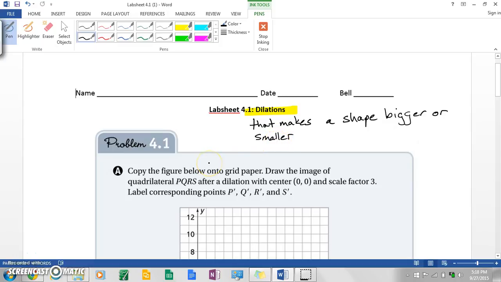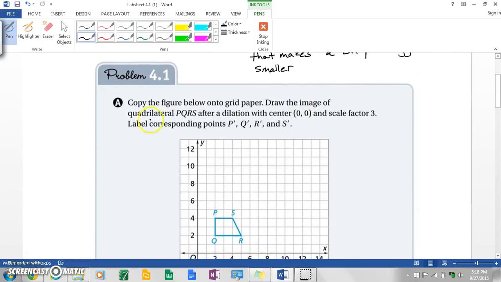So all the angles are going to stay the same. When we work down through, and as we get into 4.1a, it says, draw the image of quadrilateral PQRS after a dilation with center 0, 0 and a scale factor of 3. Label the corresponding points P', Q', R', S'.